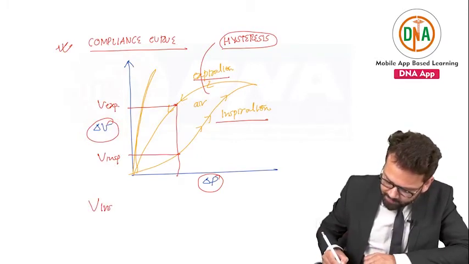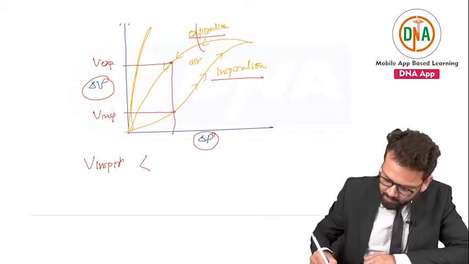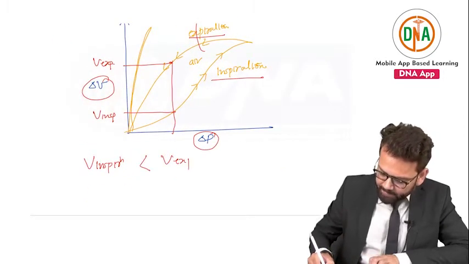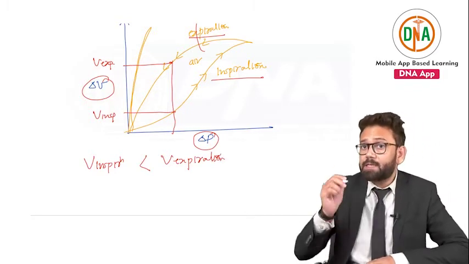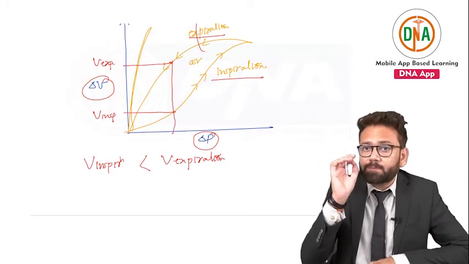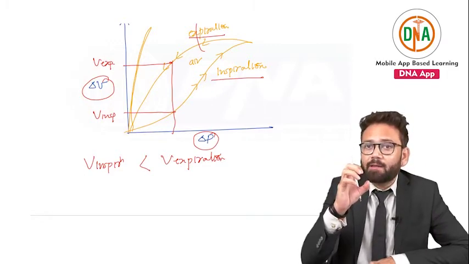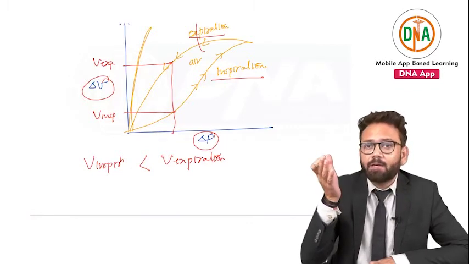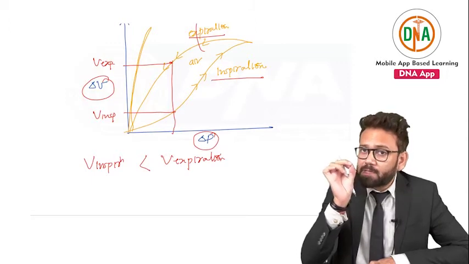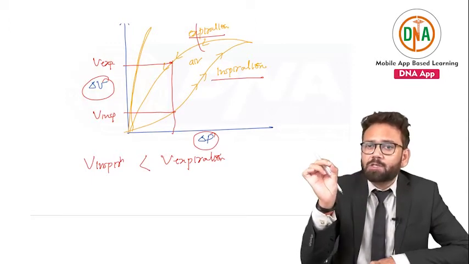Volume during inspiration is less than volume during expiration. It is less when we inspire, and more when we expire. So your lung is behaving differently during inspiration and expiration, and this phenomenon is called hysteresis loop.